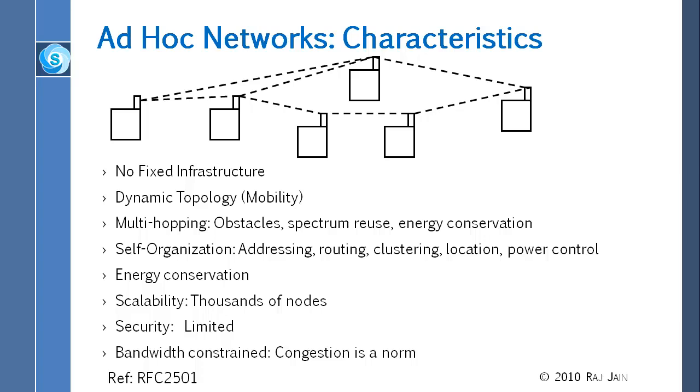Clustering means basically who can come and join this group, and then the location and the power control. And some of these are the usual wireless issues, such as power control. In case of location, basically we need to find out who is where so that we can go through the route which is much more logical as opposed to just whoever can hear whoever.